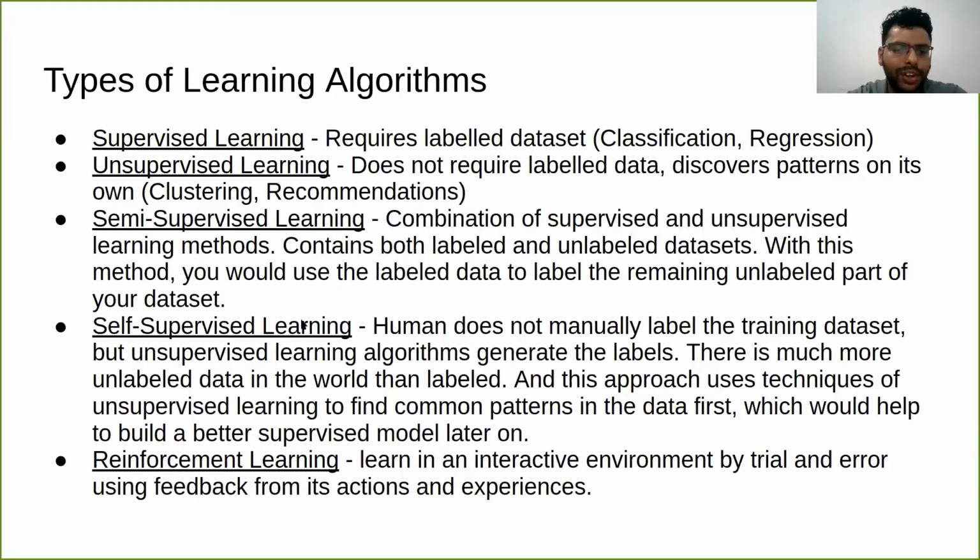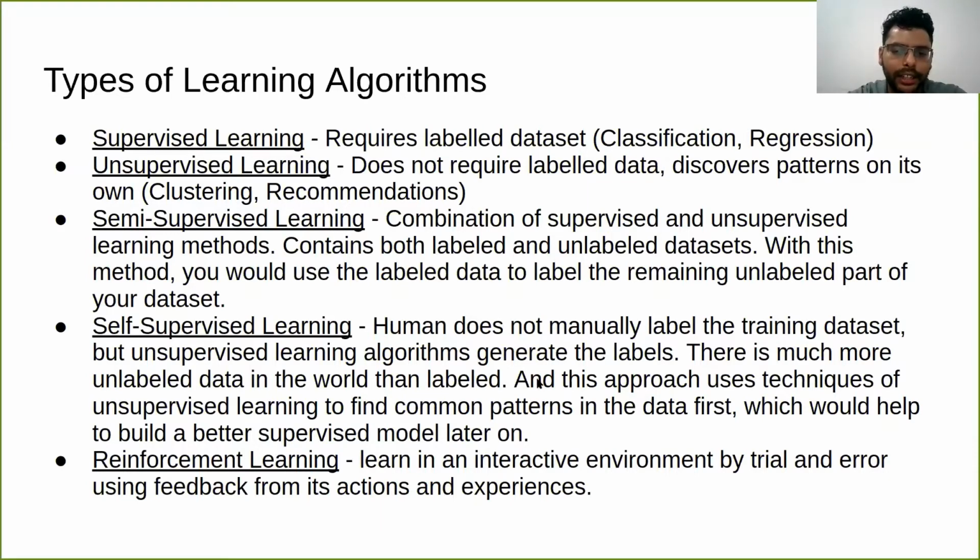Then there is something called self-supervised learning. Again, this is a kind of new concept that has come up recently. The same idea applies, where humans do not have to manually label a training data set, but use unsupervised learning algorithms to generate the labels for the data set. There is much more unlabeled data in the world than labeled data.